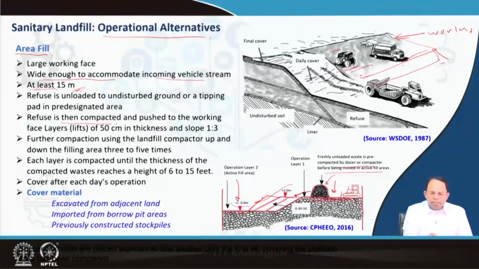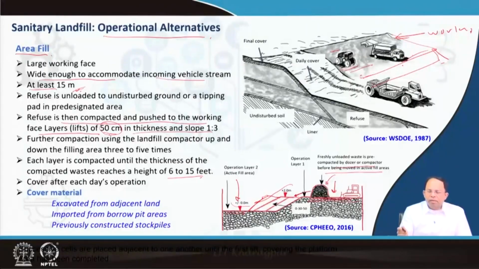So refuse is then compacted and pushed to the working face in layers of lifts of 50 centimeter in thickness, and the slope given is 1:3. So every lift is around 50 centimeter, meaning one layer of lift. Multiple of these make the total layer of the lift, which will come down to around 6 to 15 feet, right?